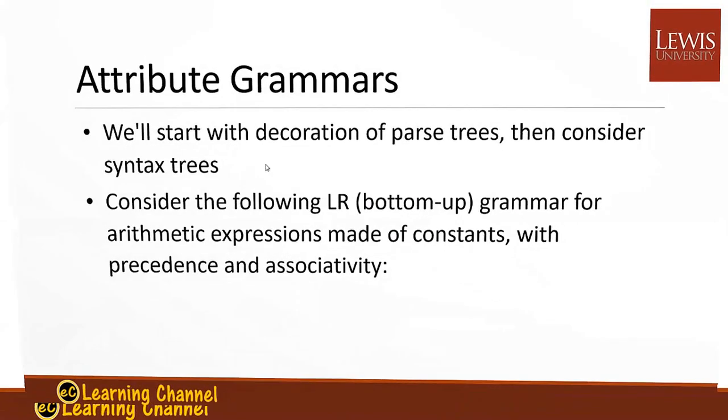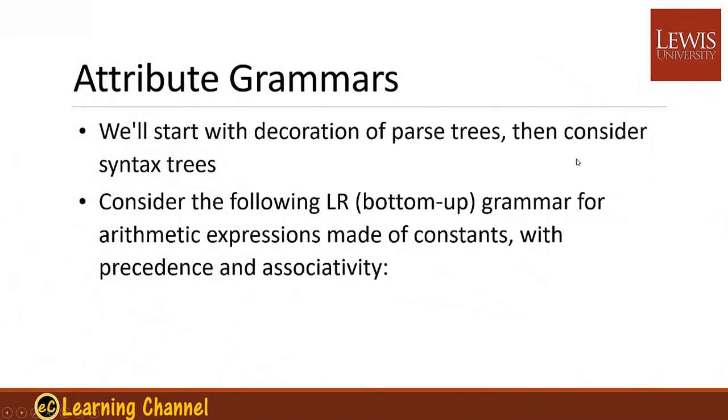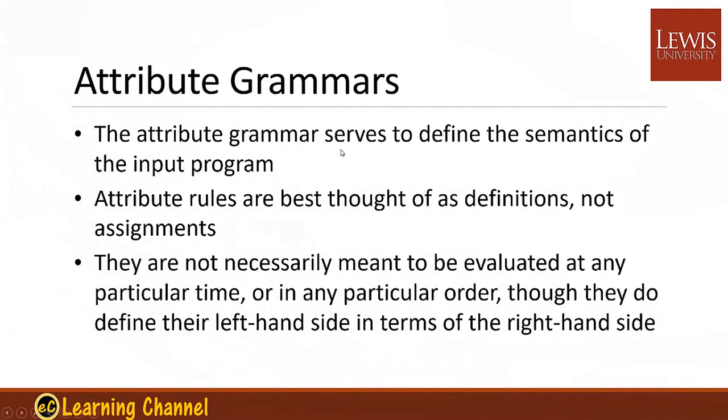So we start with decoration of parse tree, then consider syntax tree. So let's look at the parse tree and then the different grammar for it. The attribute grammar serves to define the semantic of the input program. We know this. Attribute definition, assignment, we know it.